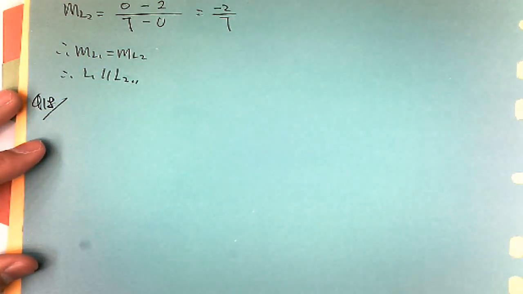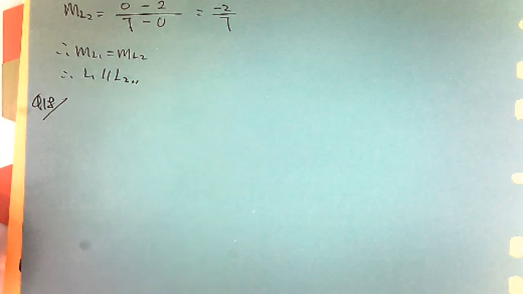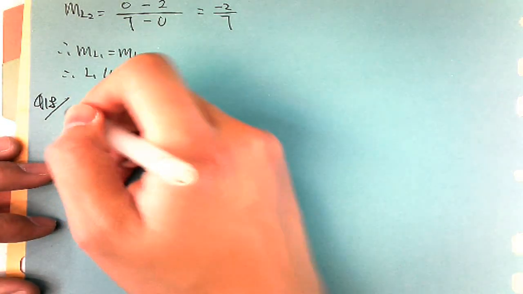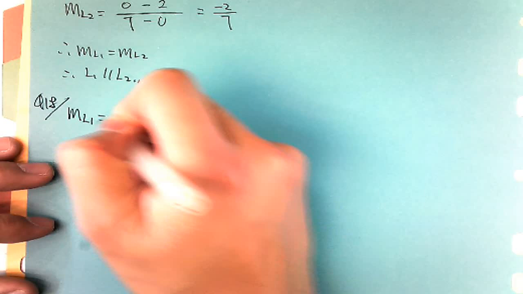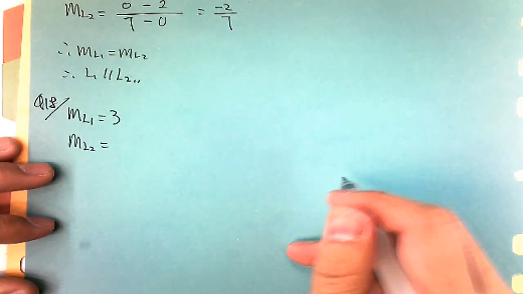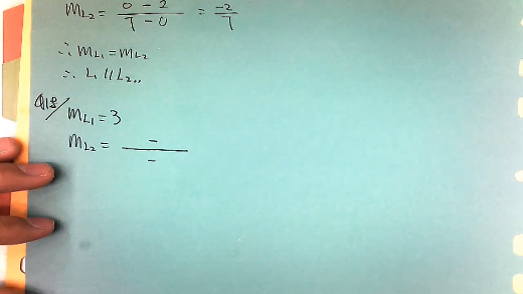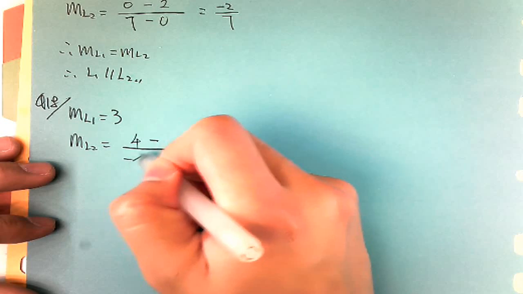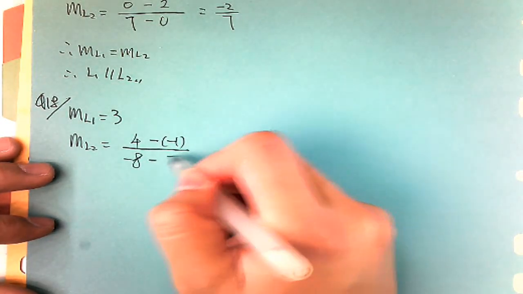So here you have to determine whether L1 and L2 are perpendicular. Just use their slopes. Understand? So 18, the slope of L1 is already given. Okay? Just write down it's 3. And then for L2 you have to calculate. You have 2 points, right? So write the minus sign, and then 4 minus 8 here is -1, and then 7.